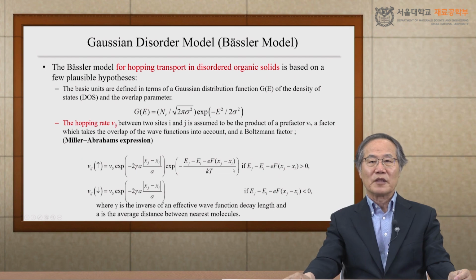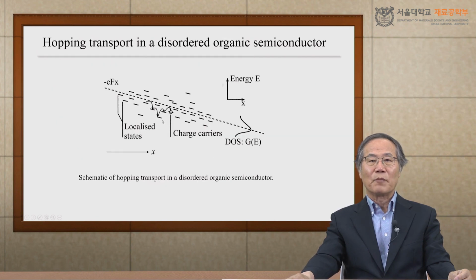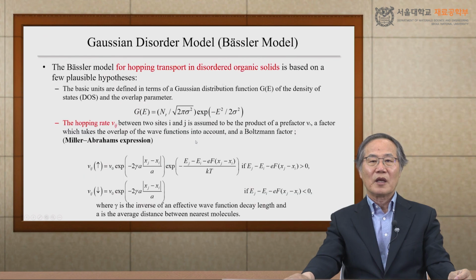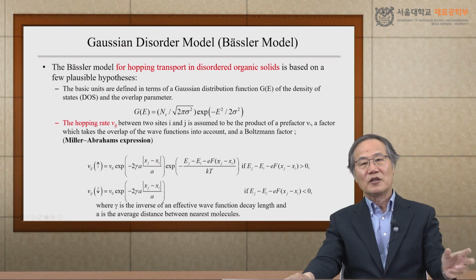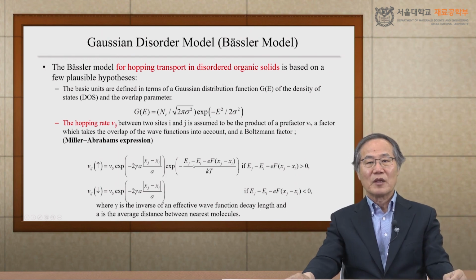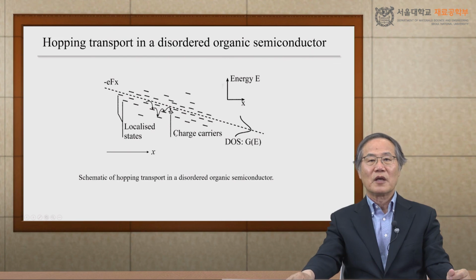But for this kind of uphill hopping, there must be thermal energy and field injection overcoming this, so we need to have another term here. So this is called the hopping rate. This is the distance correlation, and this is the energy term, the consideration between the hopping states.